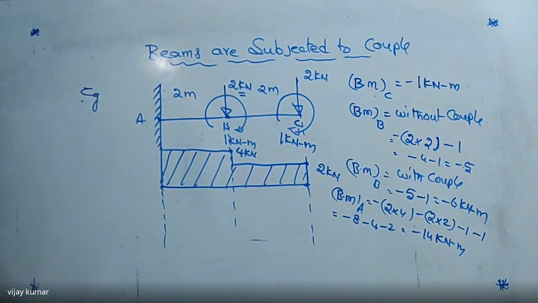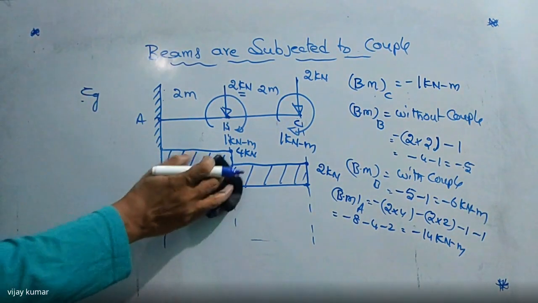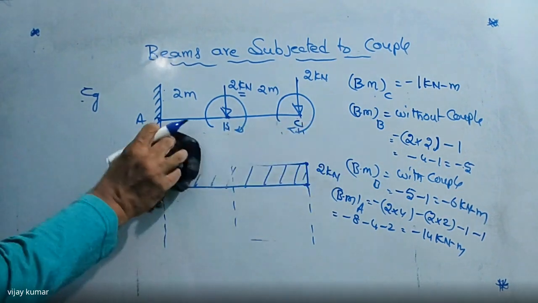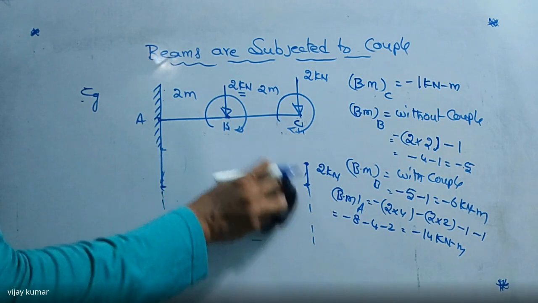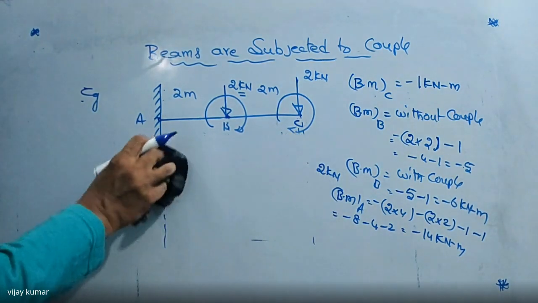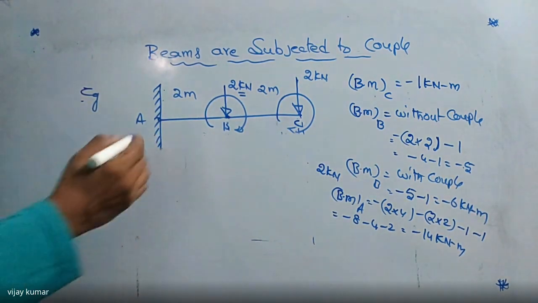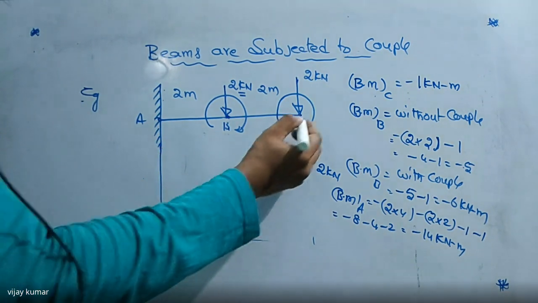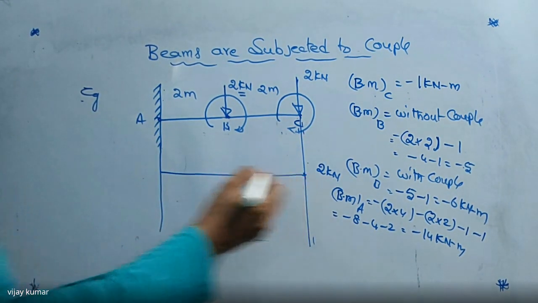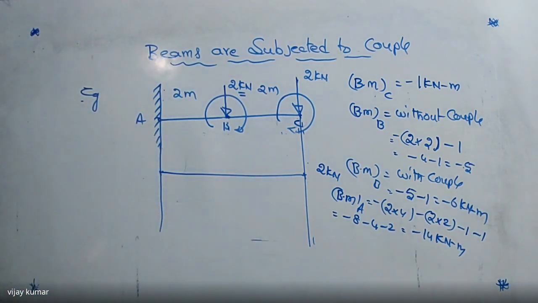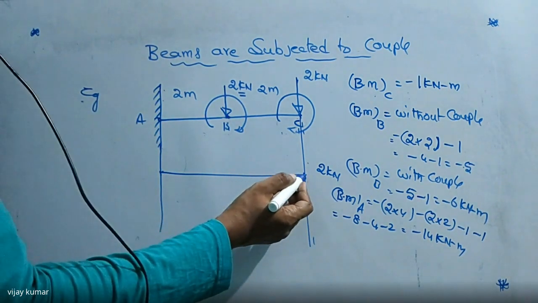Now listen carefully. Now how to draw the shear and bending moment diagram? That is very, very important. So this is the bending moment diagram. Now what is the bending moment here?